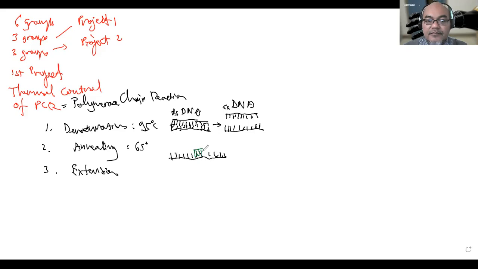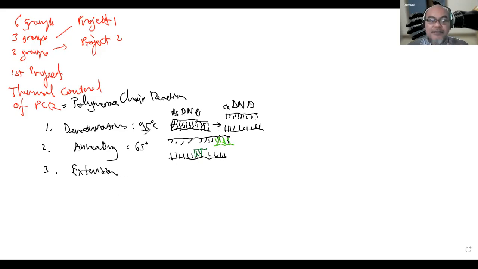The primer usually is not that long. Then another primer will also be there. So this is the complementary DNA. Then this is another primer here.